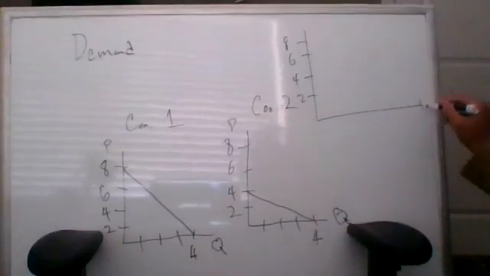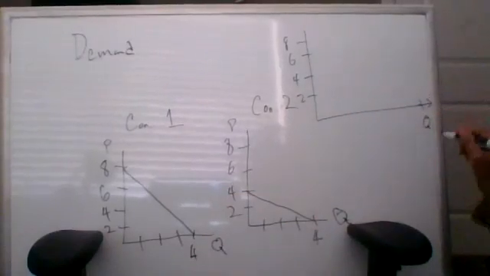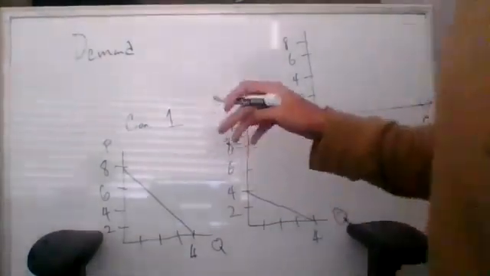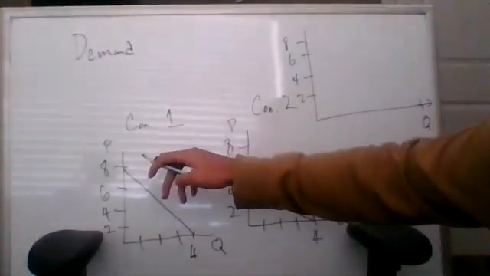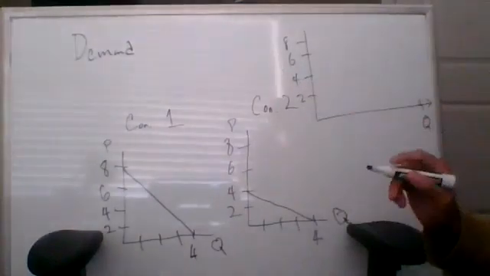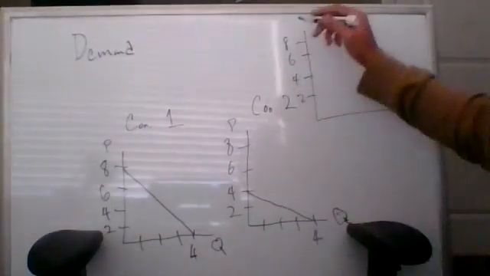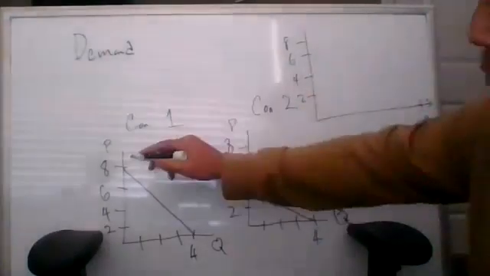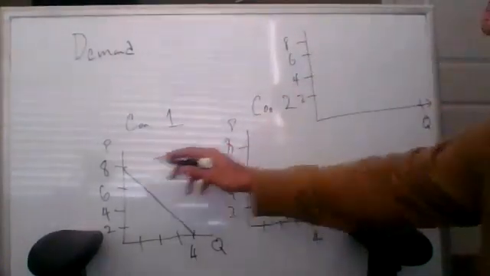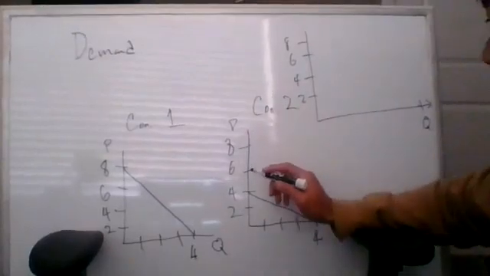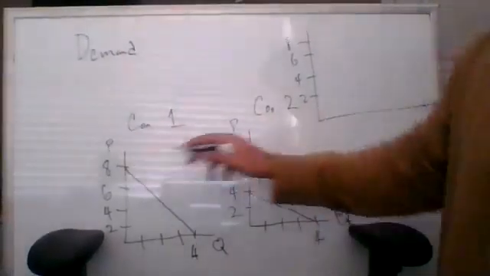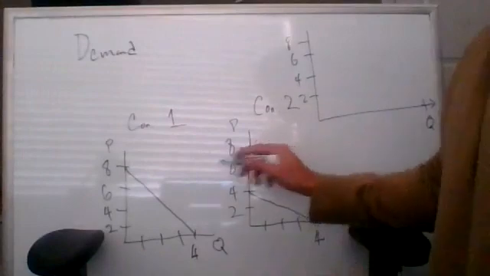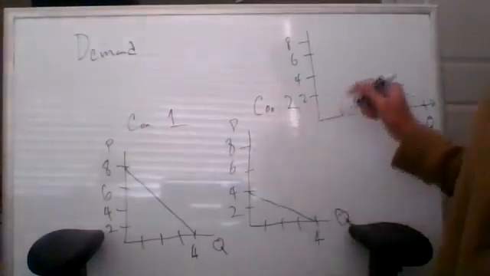How I like to approach these questions is to think about the demand at each individual price level, and then create a composite graph that captures that. The maximum price in each market is $8, and when the price is 8, there's going to be 0 demand from each consumer.